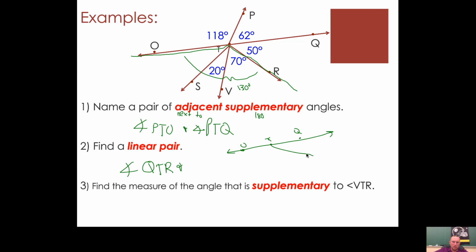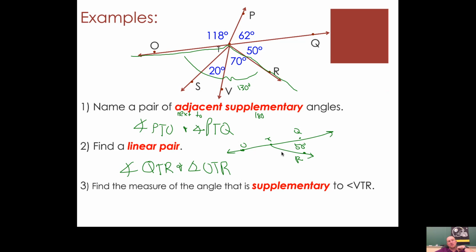Angle QTR, that's a 50-degree angle. So wouldn't angle OTR be 130? Definitely. So angle OTR and angle QTR make a linear pair.